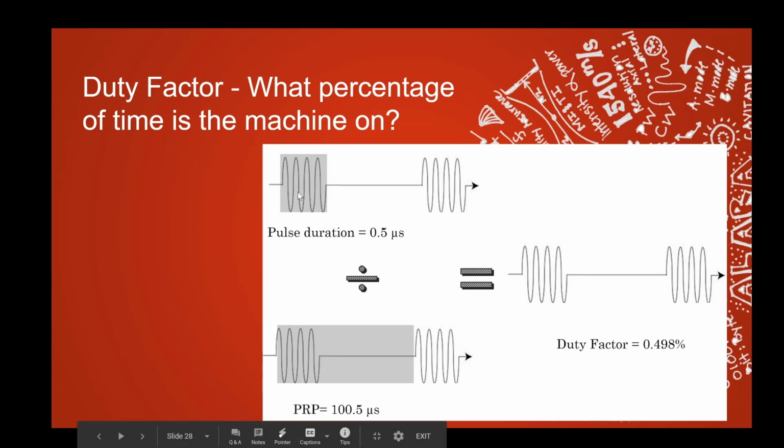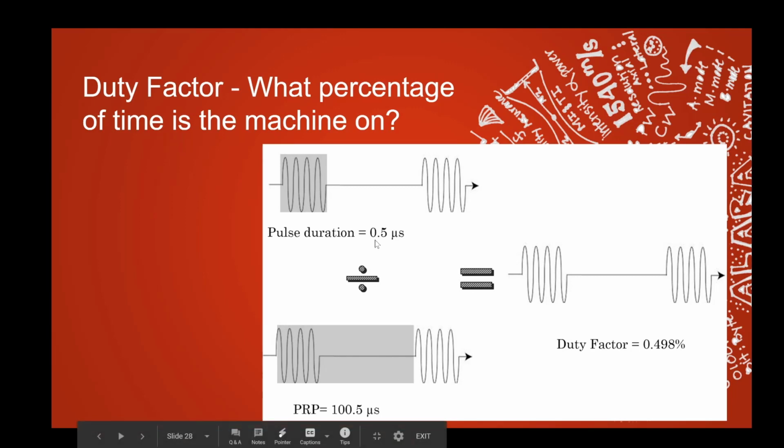So we know that we have our pulse duration and we can calculate how long that pulse is taking. We then look at our PRP, which includes both the pulse duration and the off time. And we divide the on time by the entire time that pulse and off time took.